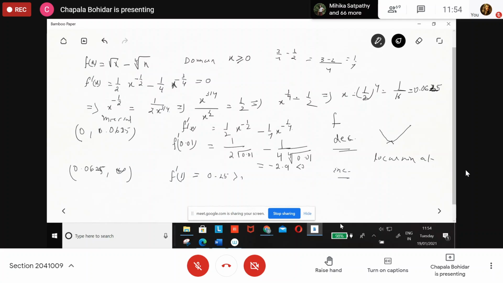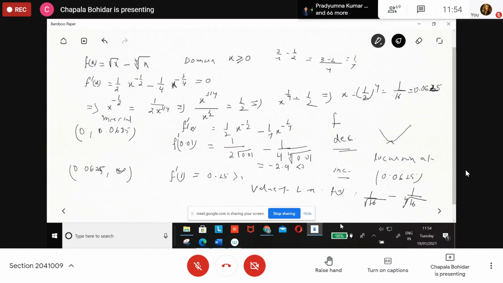So we are getting local minimum at 0.0625. So the value of the local minimum, that is f(x), I'm writing here 1 by 16 root over, it is easy, 1 by 16 that is root over, then minus 1 by 16 root 4.